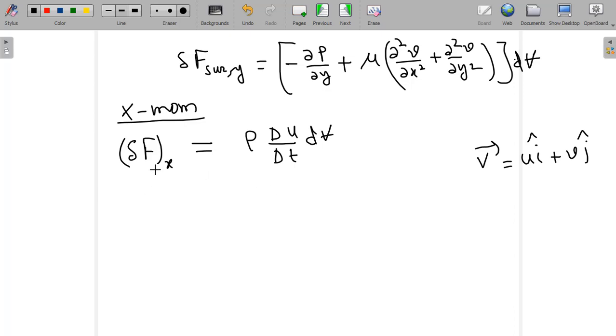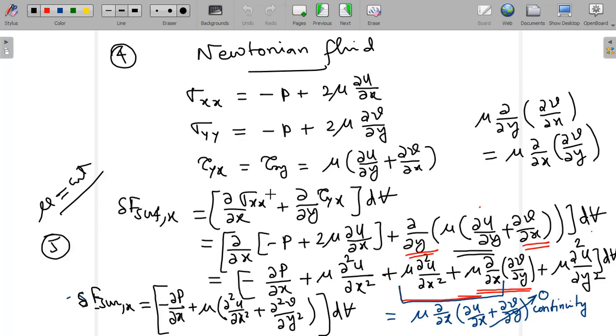So now this delta fx part, you shift this quantity to the other side, so we write du dt into dv, and this delta fx part has the body force and the surface force. What is the surface force part along the x direction?